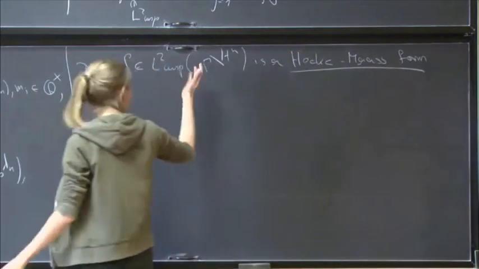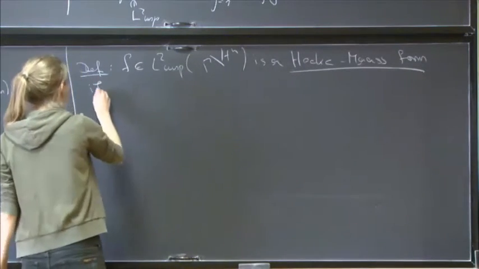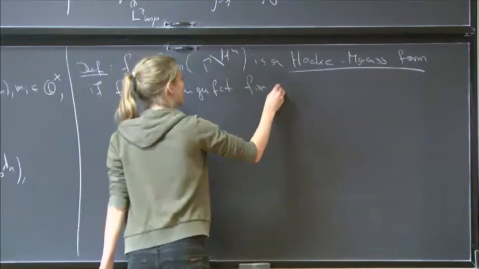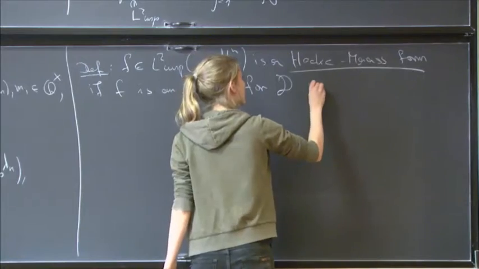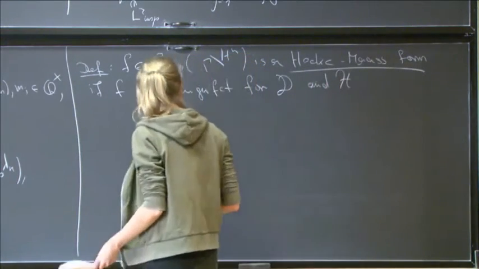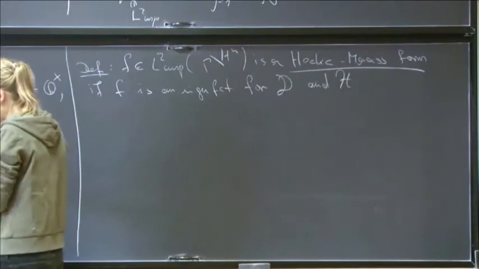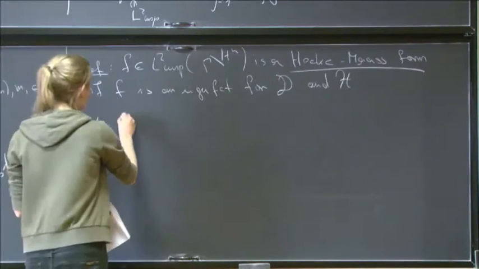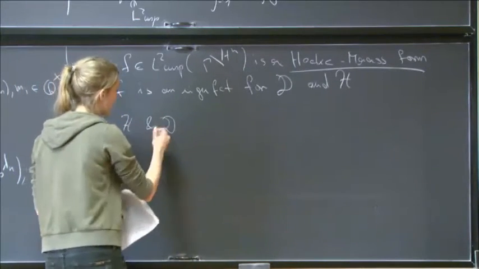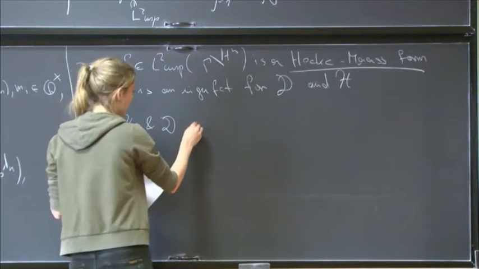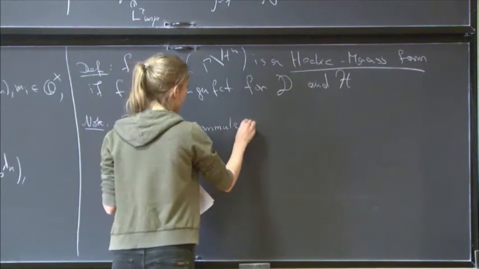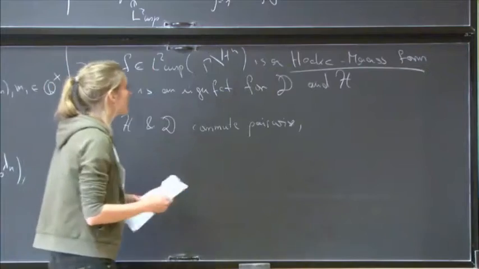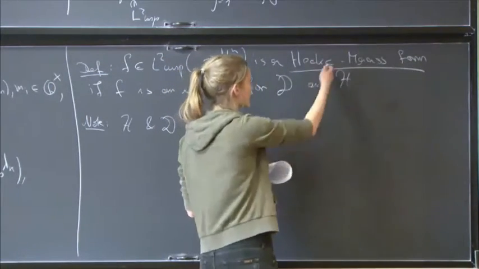So if it's first of all a Maass form, but if F is an eigenfunction for D and also H. And one should note that the Hecke operators H and the differential operators, they commute with each other. So they commute pairwise. So we can indeed find a basis for the cuspidal forms consisting of Hecke-Maass forms.